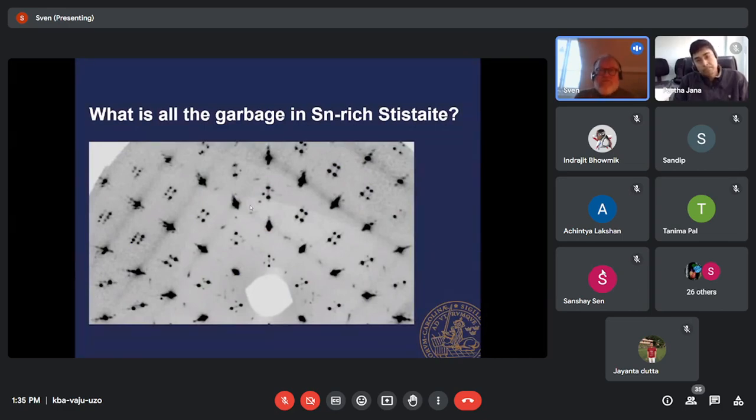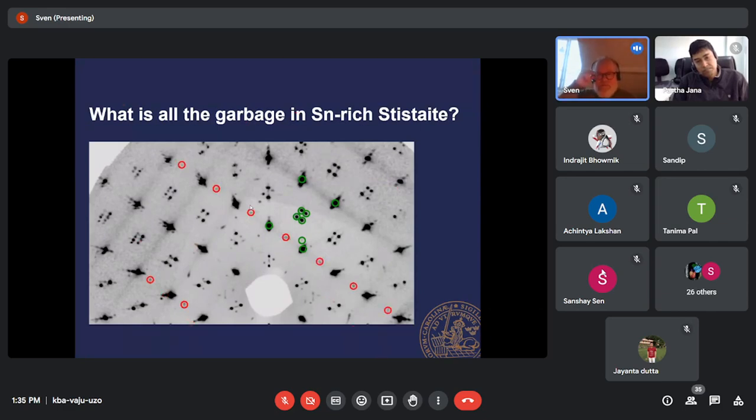Well, first of all, you have the cystite itself. So you have in green here the basic unit cell given by the stronger reflections. You have satellites running in two different directions across the unit cell. So that explains part of this pattern, but you can see that there is more.